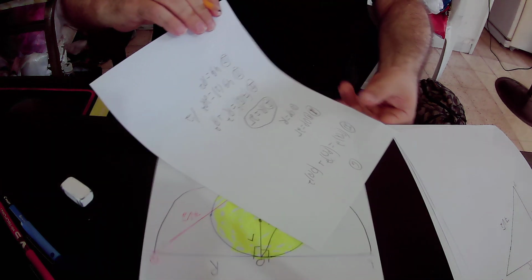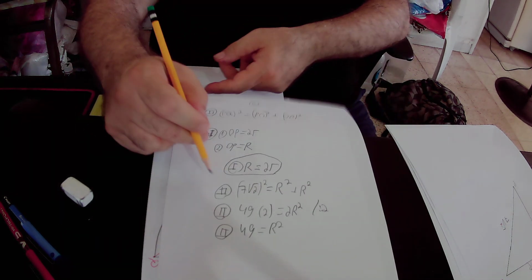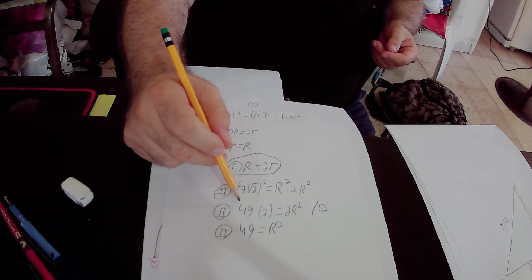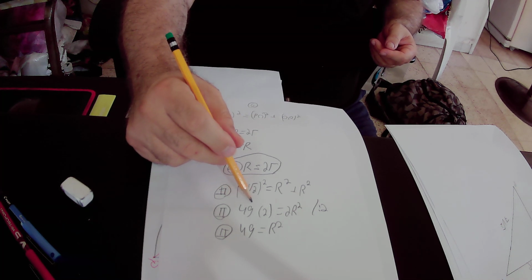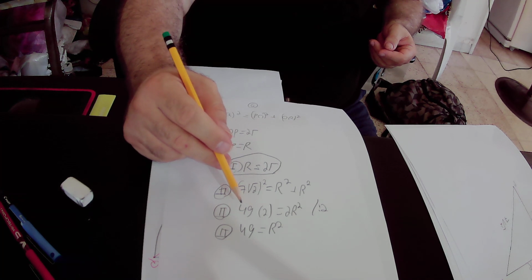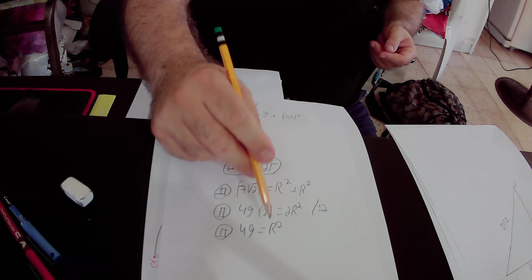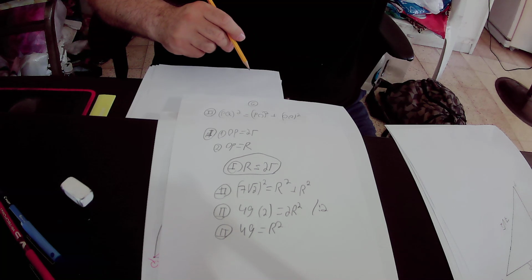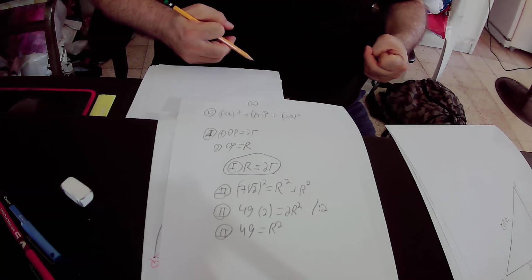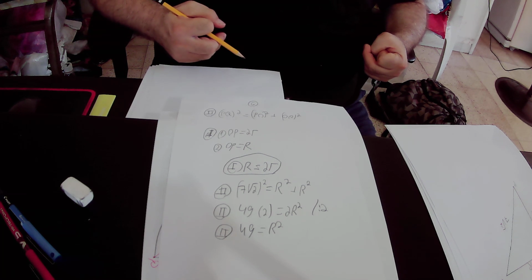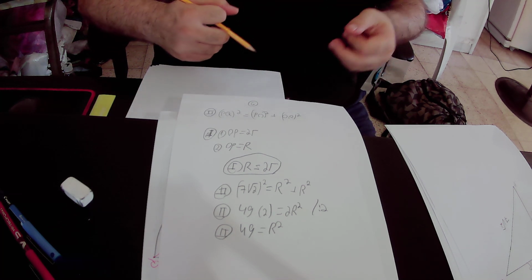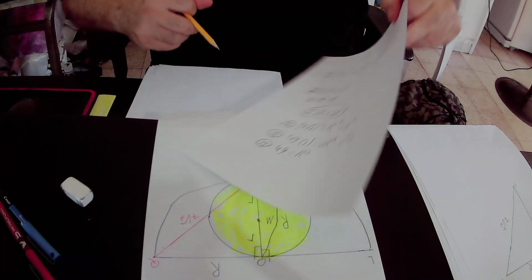Okay, here we divided equation number 2 by 2. 49 times 2 divided by 2 equals 49, and 2 times R square divided by 2 equals R square. Here we will take the root of equation number 2.